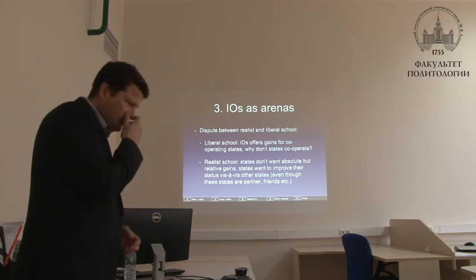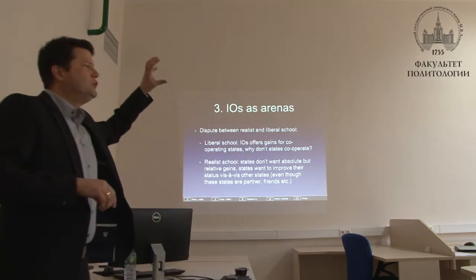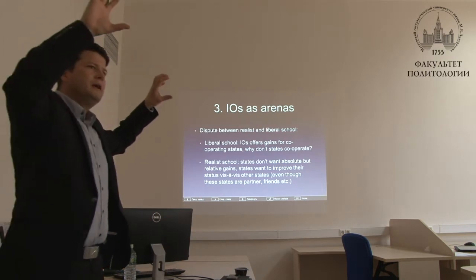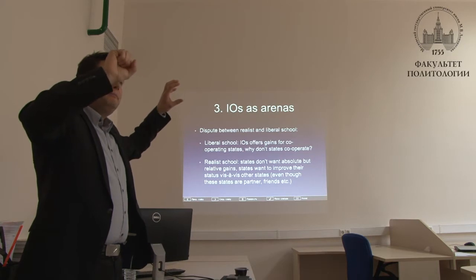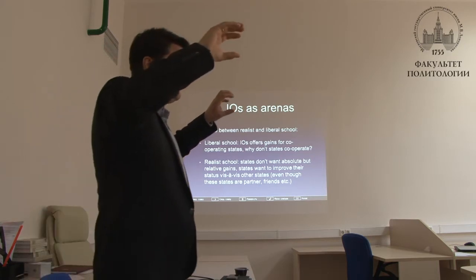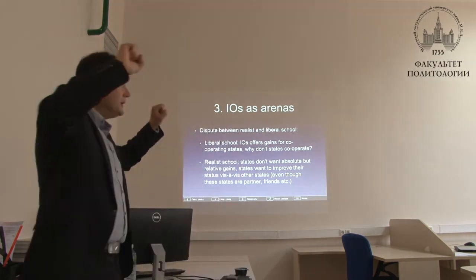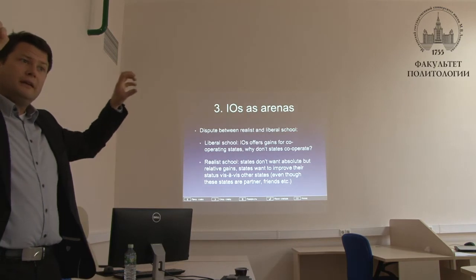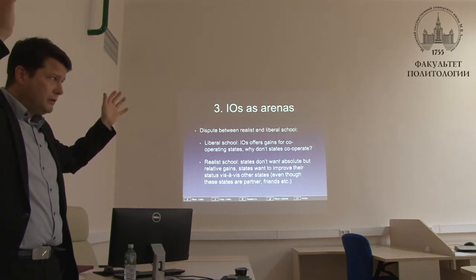If I had a board, I could write it down. If you imagine two states, state A and B. Say state A has the power of 20, state B has the power of 10, right? So state A is twice as powerful as state B. Agree?